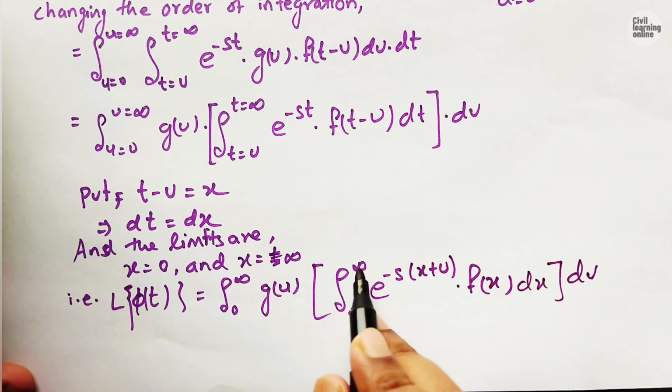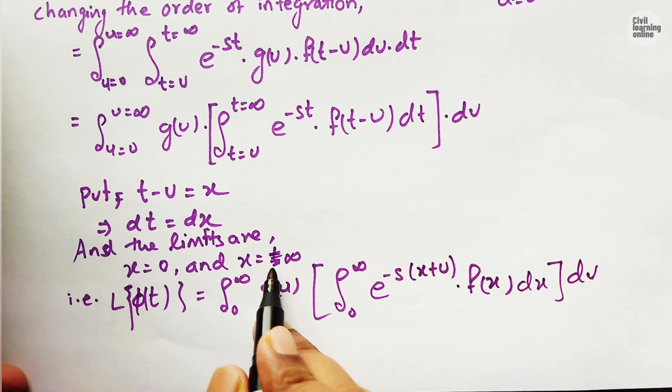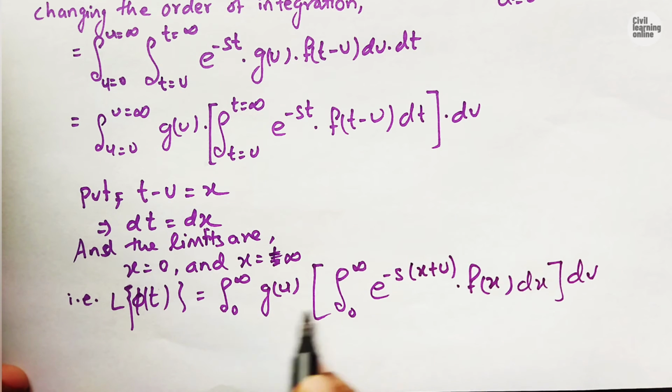You can see here the limit for x is x equals to 0 to x equals to infinity, and we have the limit for u also, that is u tends to 0 to u tends to infinity, g u and du here.